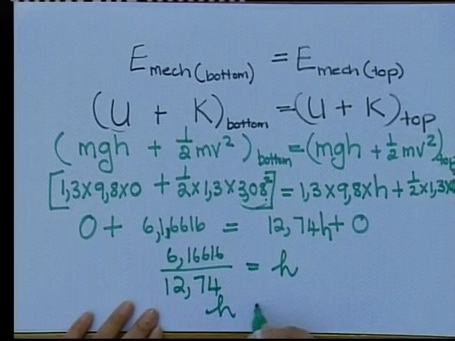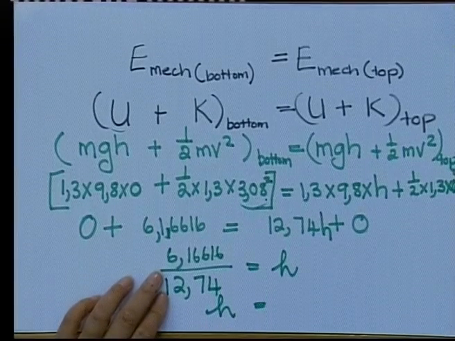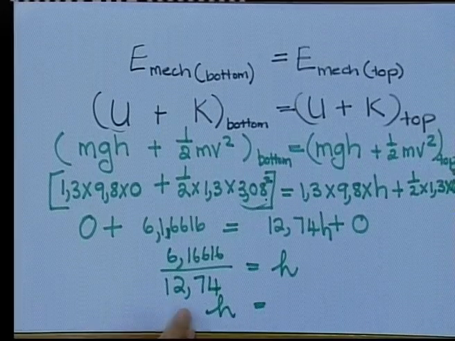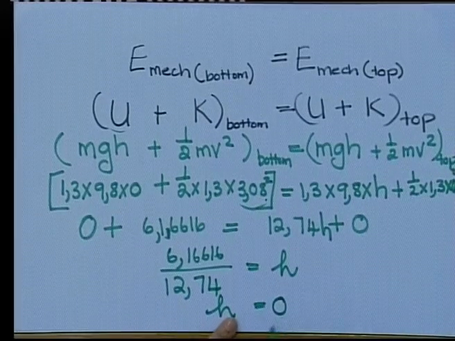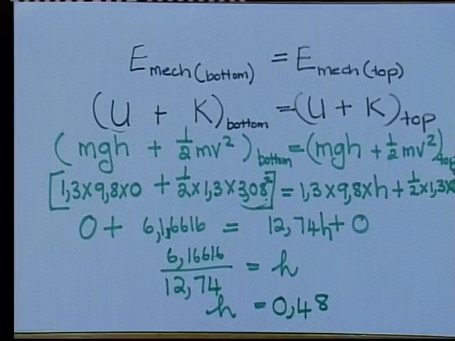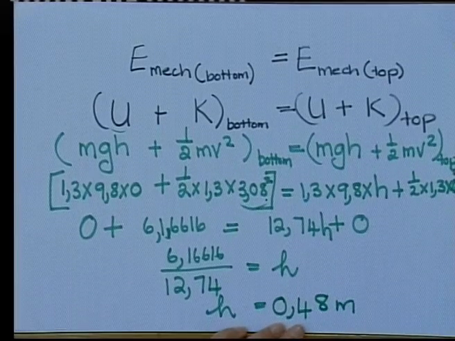So h is your 6,16616 divided by 12,74, and your height will be 0,48, and now we round off to 2 decimal places, and it's 0,48 meters.